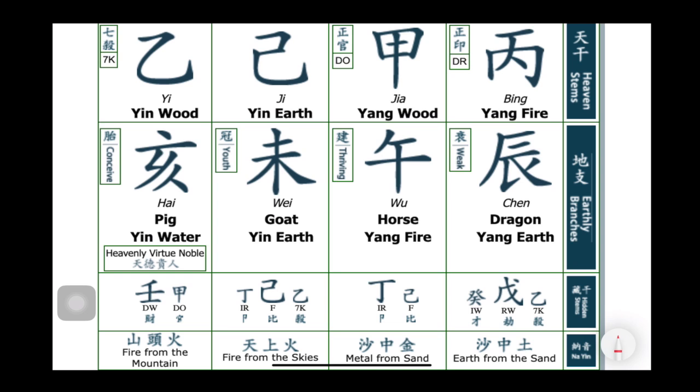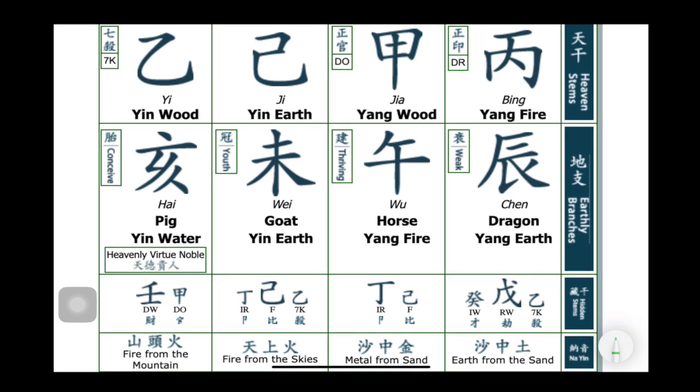Now, when we determine character, the first port of call is always the month branch. Specifically, it's not the time to explain why, so just go with the flow here, the main chi in the month branch. This is what determines the structure of the chart. The main chi of the month branch is a person's fundamental personality.